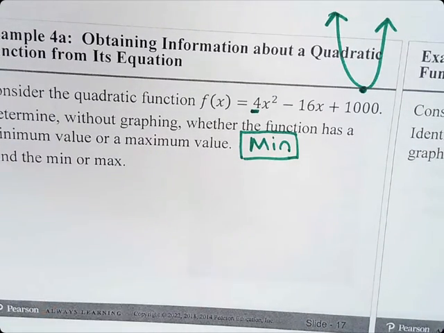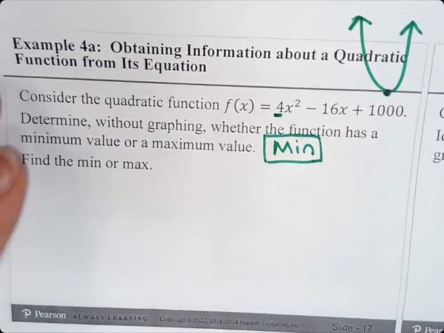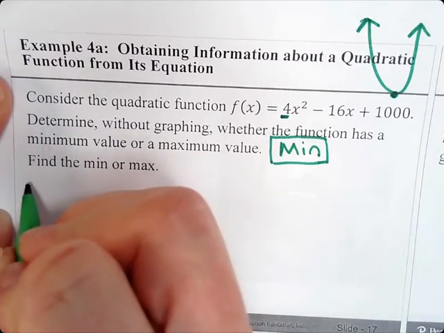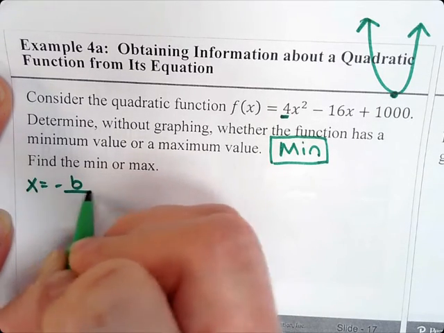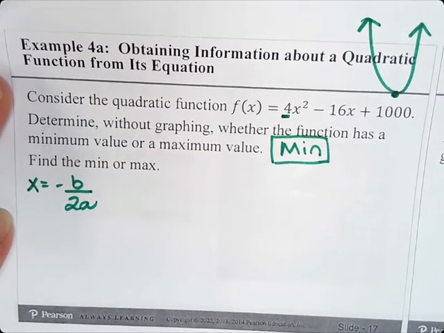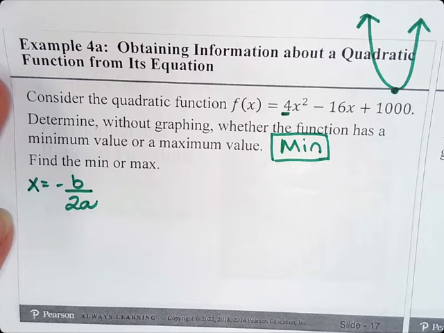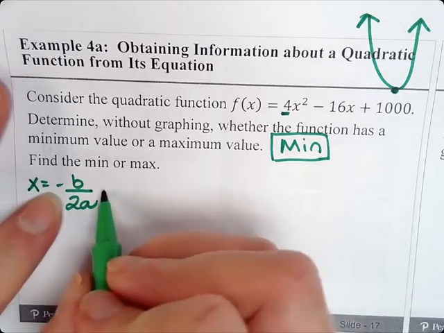It's our lowest point. So we need to find that minimum value by doing x equals negative b over 2a. So the x value of our vertex, and then find our y value of the vertex.